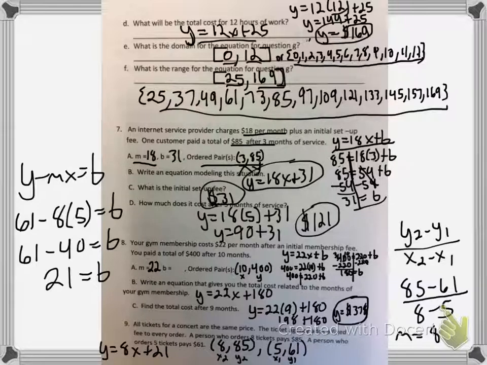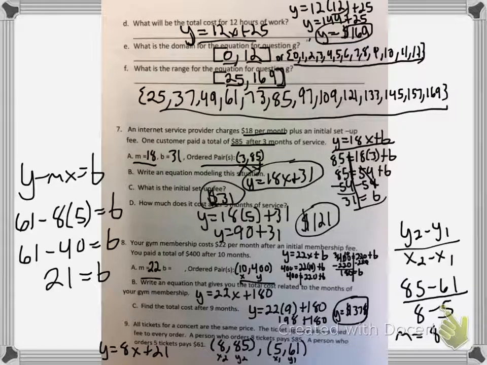Alright, next. It says your gym membership costs $20 per month after an initial membership fee. You paid a total of $400 after 10 months. Initially, we know $20 is our slope, and my ordered pair is 10 and 400.